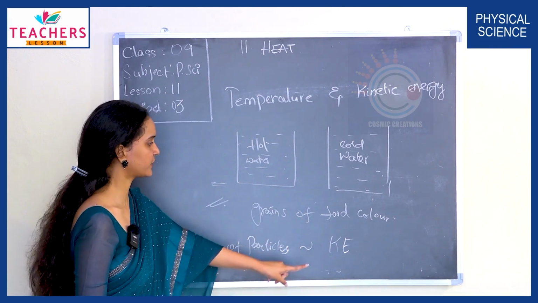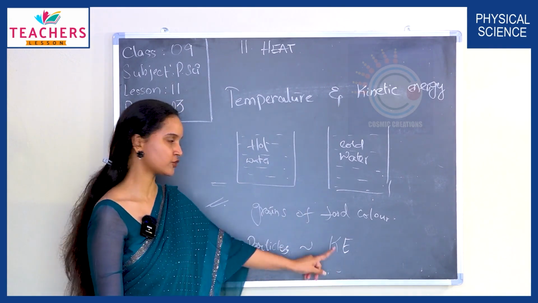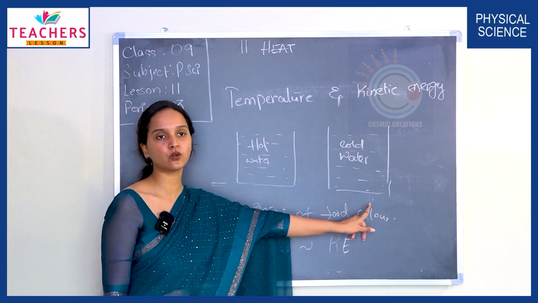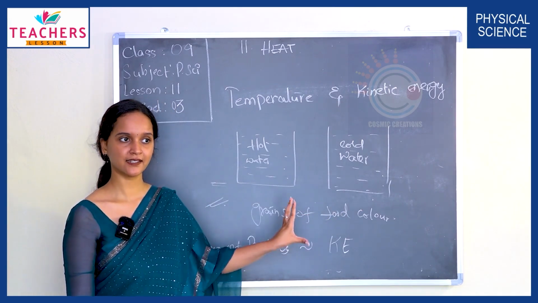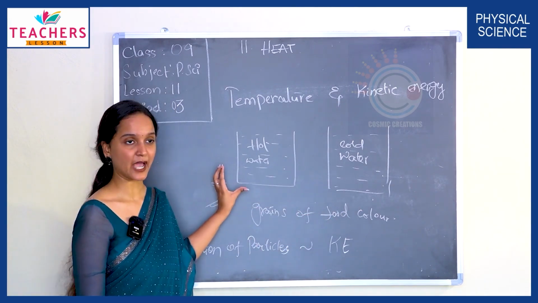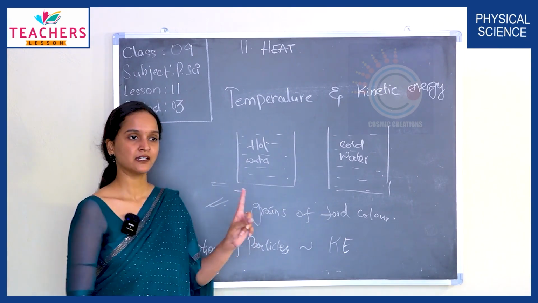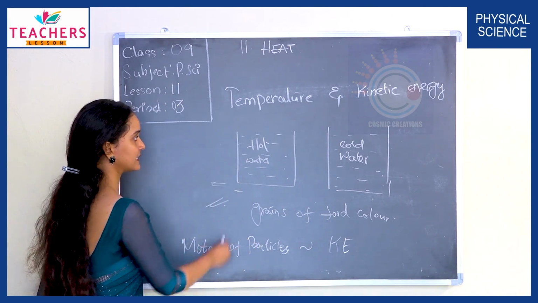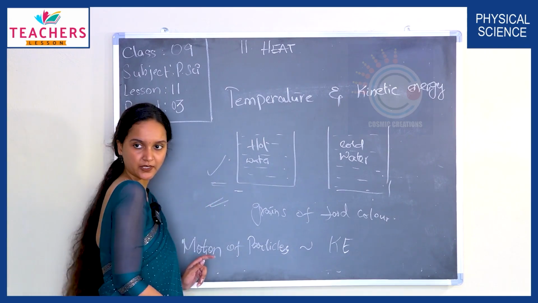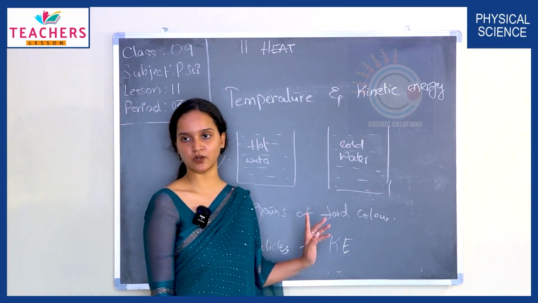Now, there is difference in the kinetic energy of the grains of food color in hot water and cold water. The difference is that the movement is rapid and faster here. That means kinetic energy of the particles is more in the hot water beaker compared to the cold water beaker.